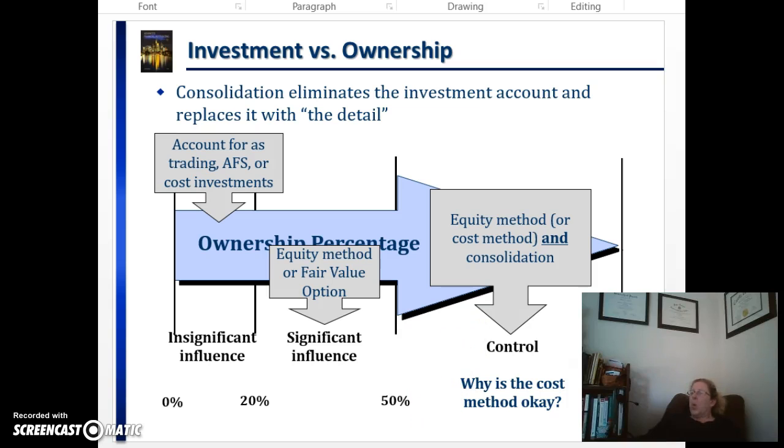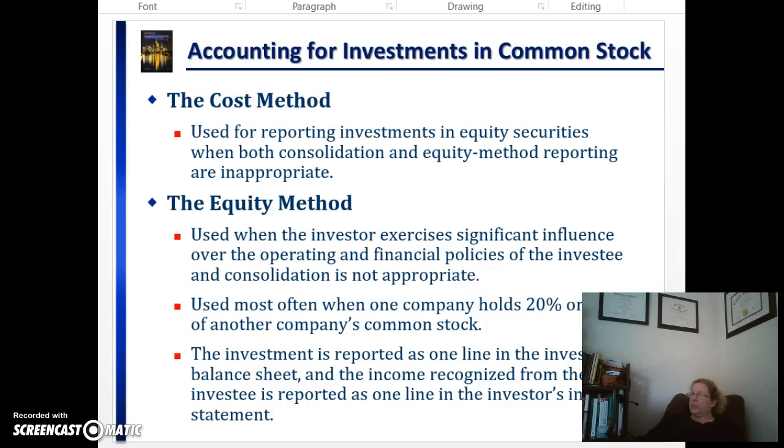And so why is the cost method okay to use? Well, the cost method is used for reporting investments in equity securities when both consolidation and equity method reporting are inappropriate. The equity method is used when the investor exercises significant influence over the operating and financial policies of the investee, and consolidation is not appropriate.